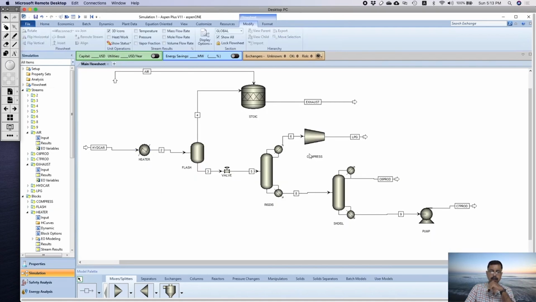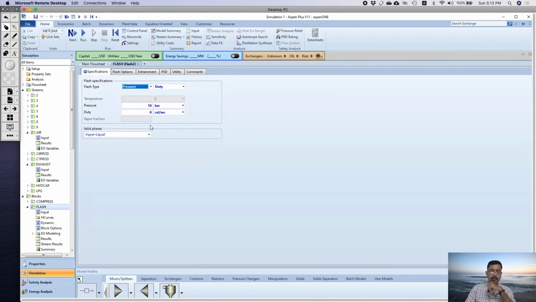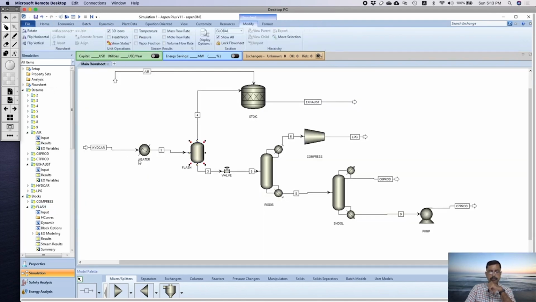Now definitely it will affect the flash condition, because here there is heat duty 0. Whatever the heat that is coming from here, it will be going through these two streams. Now let us see whether there is any change that happens with these two.